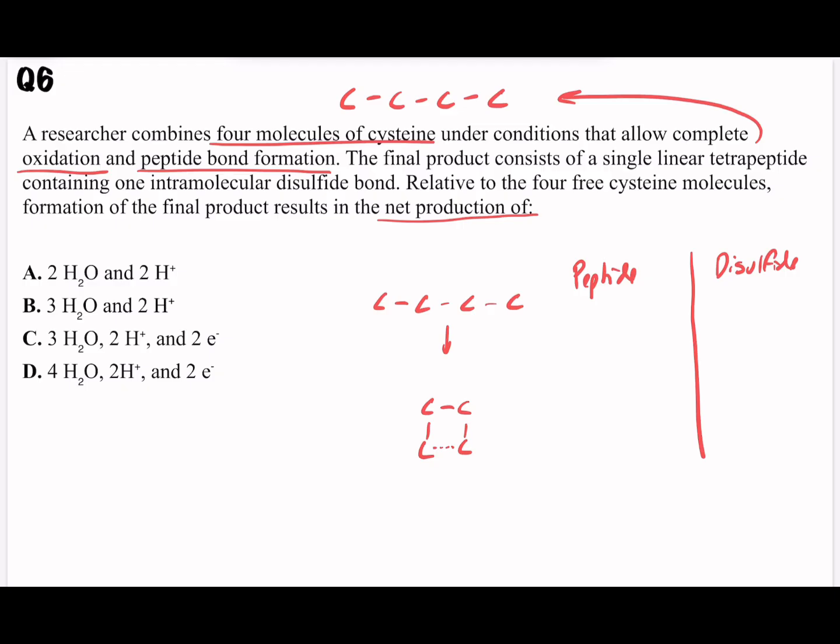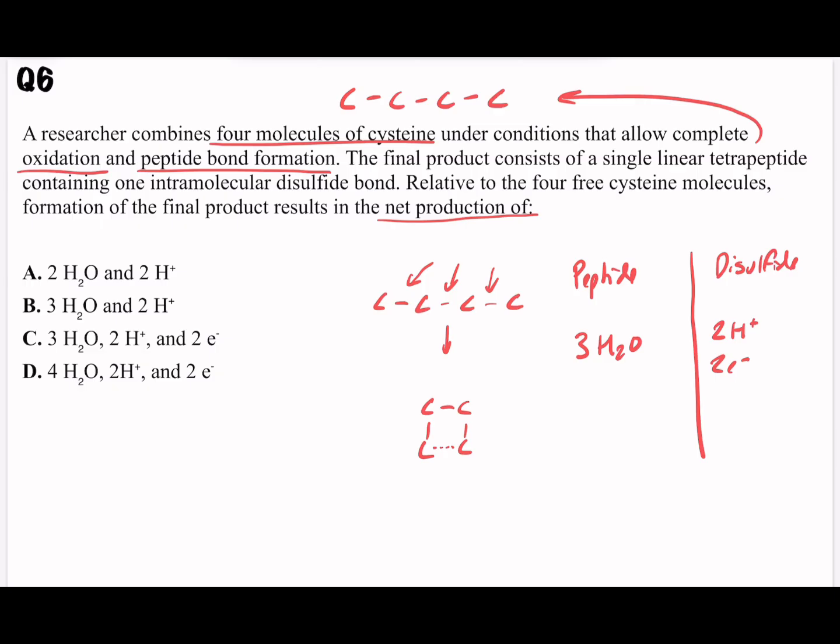For every peptide bond produced, we're going to be making a water. So if we're making 3 peptide bonds, we expect to be making 3 waters. Now, per disulfide bond, you're expecting to produce 2 hydrogen protons and 2 electrons, because this is an oxidation. So you're losing electrons in the formation of this bond.